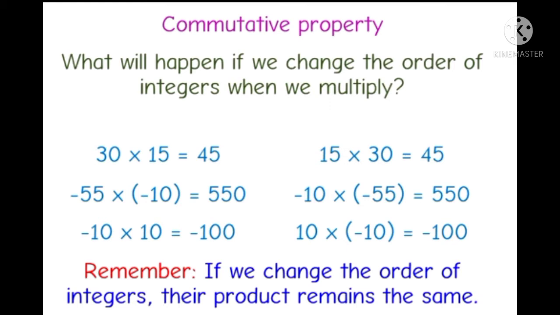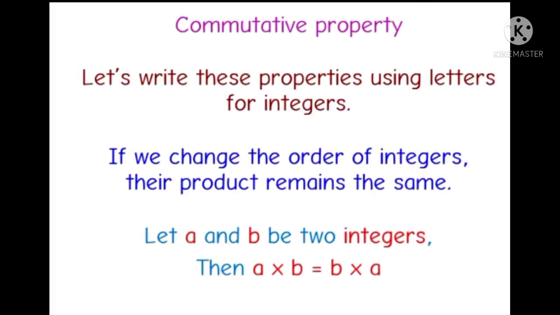Minus 10 into minus 55 is also equal to plus 550. Minus 10 into plus 10 is equal to minus 100. Plus 10 into minus 10 is equal to minus 100. So, if we change the order of integers, their product remains the same. If a and b are two integers, then a into b is equal to b into a.